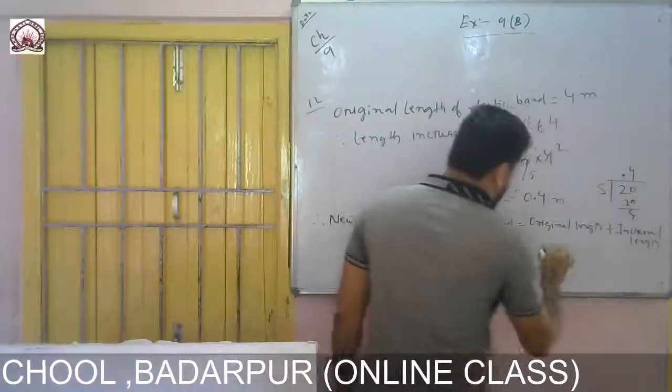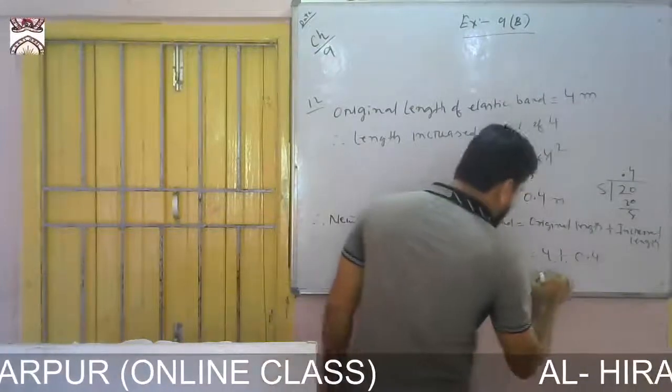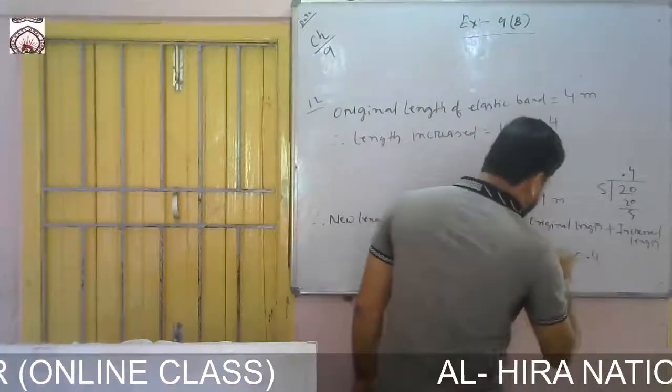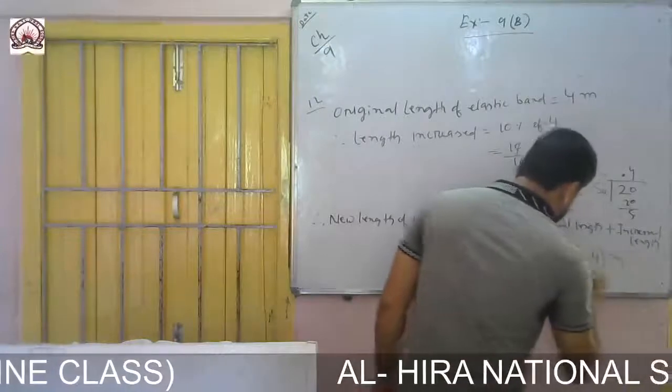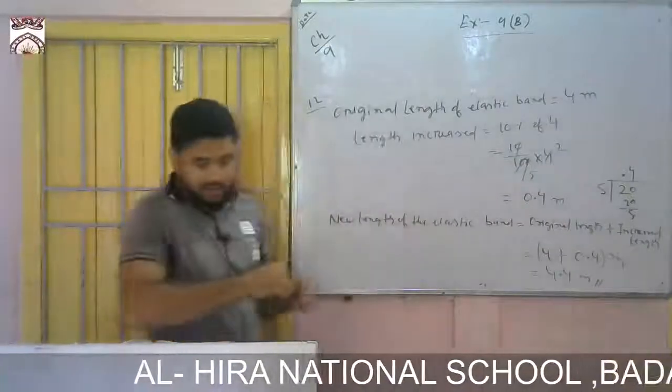So original 4 plus increase 0.4. So if I add, then 4.4. Okay, 4.4 meter.